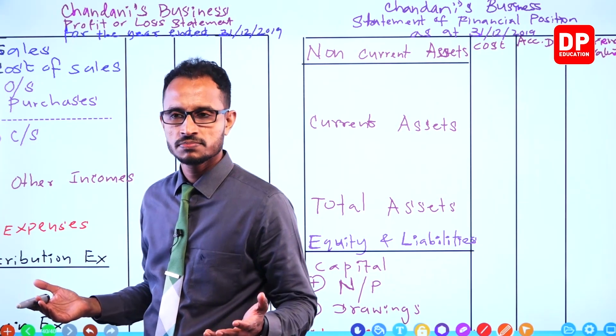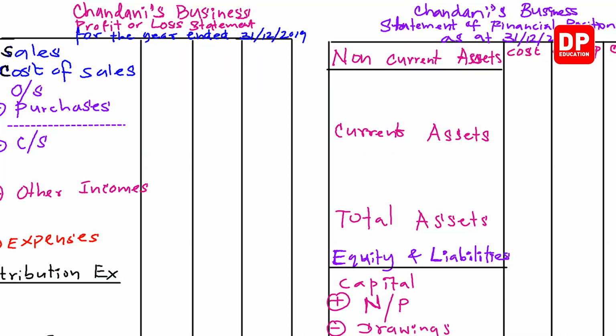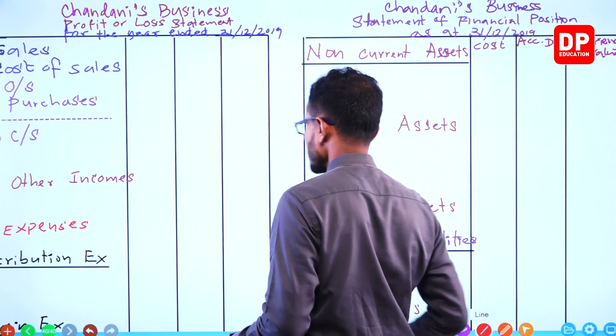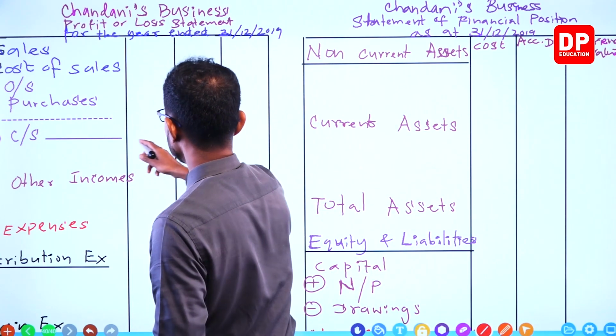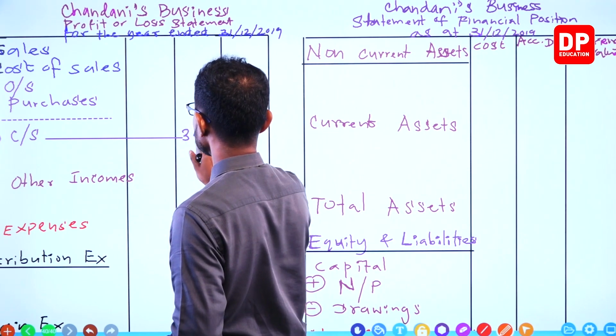What were we doing? The closing stock. The closing stock is here in the profit and loss statement, so you should put it to the second column, 35,000.